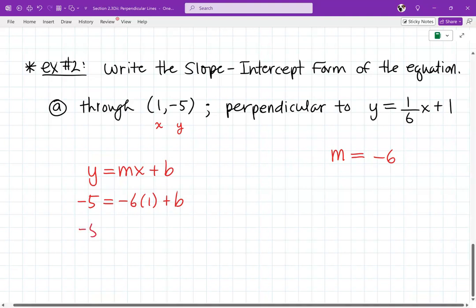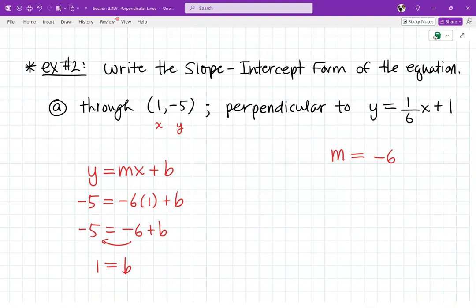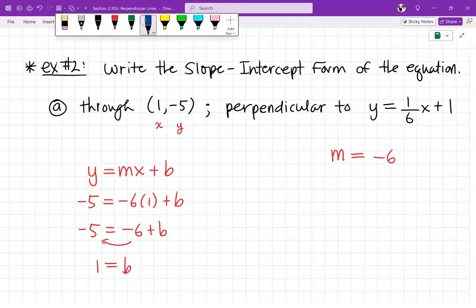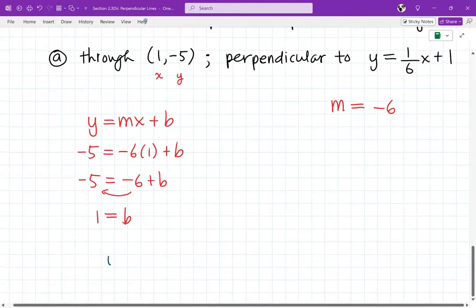So -5 is equal to -6 plus b, and if I move this over, b equals 1, because I'm adding 6 to the left side. So -5 plus 6, that's 1. Now that I have m and b, I can just write my answer: y equals -6x plus 1.